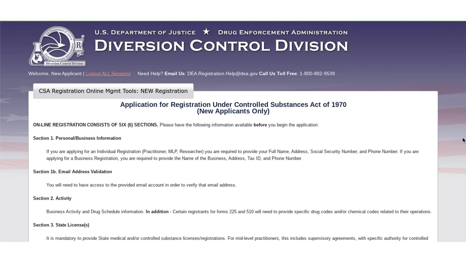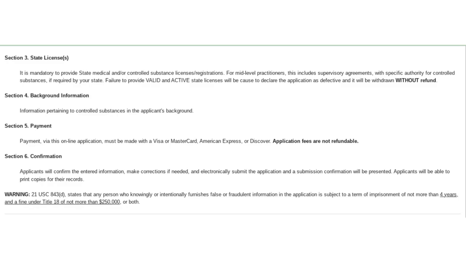You need a valid email address, one you use constantly, because they're going to be sending you communication to that email address. You're also going to need your state license. Make sure the state license is valid, otherwise the application will be denied.